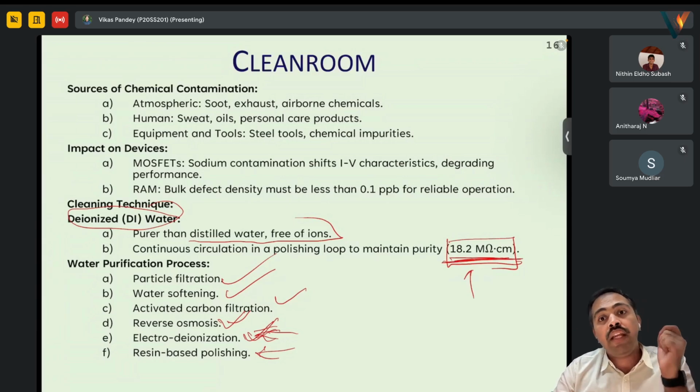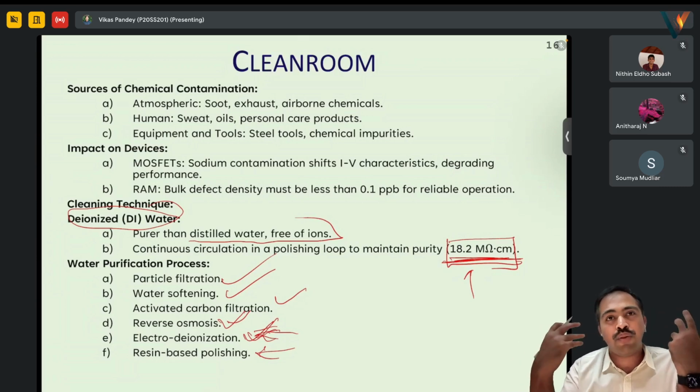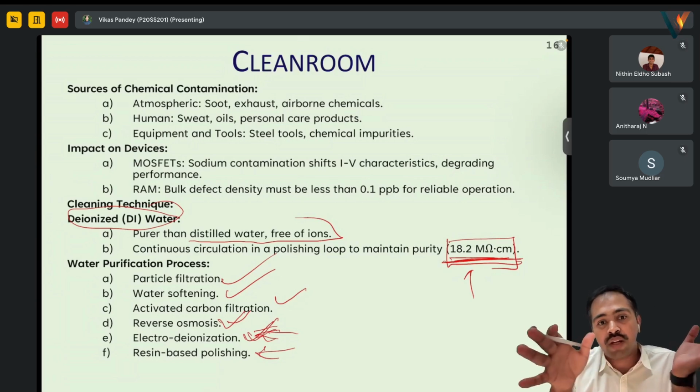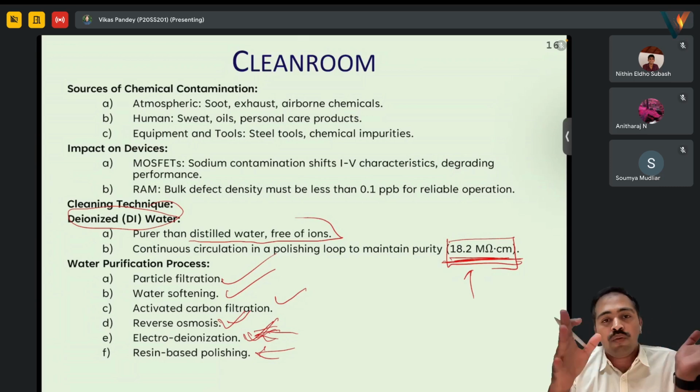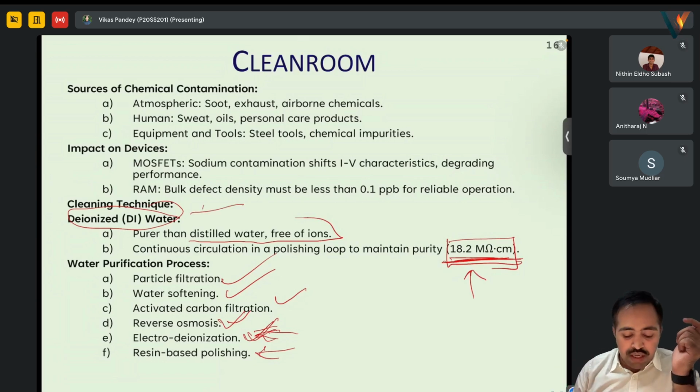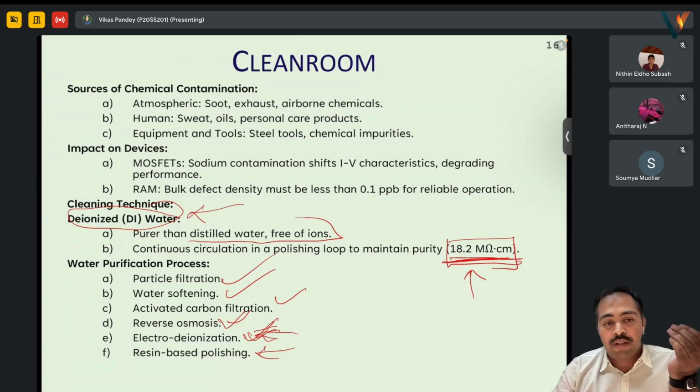This is very high resistivity of the water. That means no current should ideally flow through this water. No ions, no current. Fine. And this water is known as deionized water or DI water. It is even purer than distilled water.